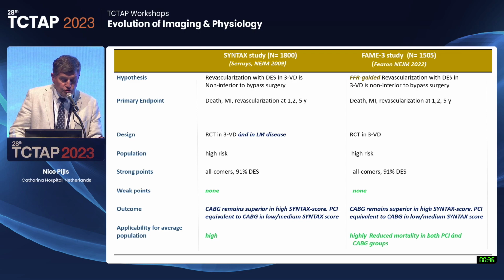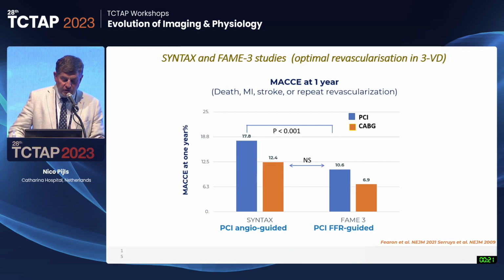The outcomes in both studies were that CABG remains superior to PCI in multivessel disease and high SYNTAX score, and that PCI is almost equivalent in low to medium SYNTAX score. But there is an important difference between the studies, and that has already been mentioned by Bill Fearon a minute ago. If you look at the outcome data, the absolute numbers in FAME3 are much lower.